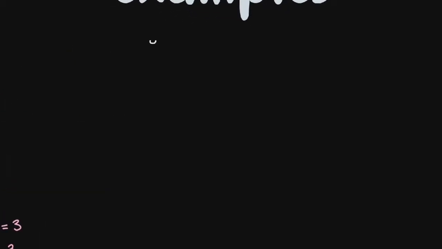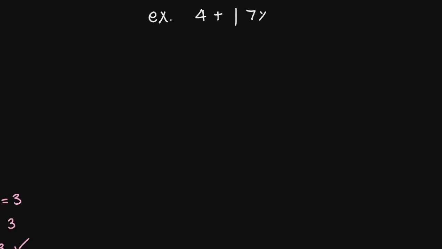Okay, next we have 4 plus absolute value of 7x minus 5 equals 3. So our first step is to isolate the absolute value, so we have to subtract 4 on both sides. So we get absolute value of 7x minus 5 equals negative 1.